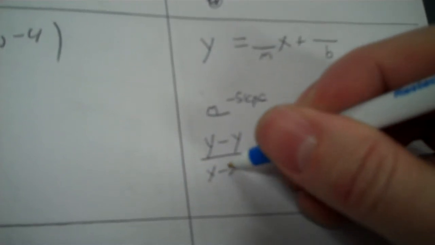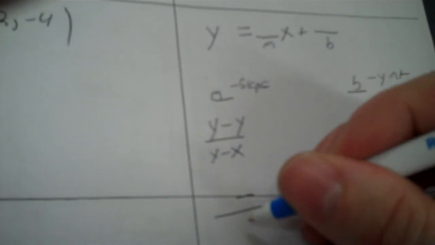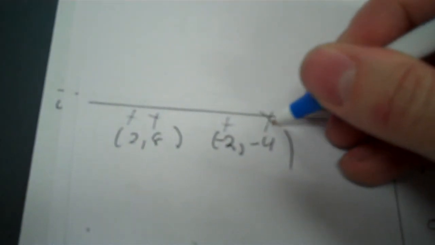So for the slope, y minus y over x minus x. So -4 to the top, -2 on the bottom, and then 8 to the top, and 2 to the bottom. So plus -4 plus -8, plus -2 plus -2.